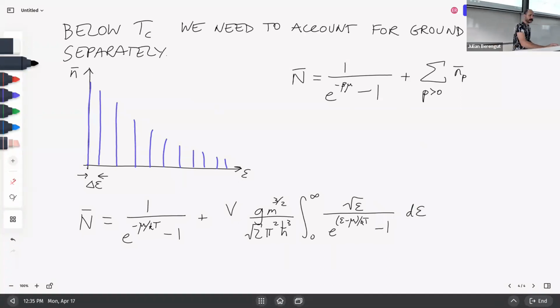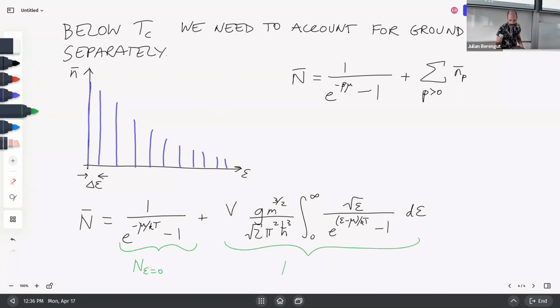So this is exactly the same thing, but now I've done a slight twist on it. I've pulled out the ground state. I'm doing that one separately. So this is the number of particles with epsilon equal to 0, and this is the number of particles with epsilon greater than 0. Okay, so just separate those two out.